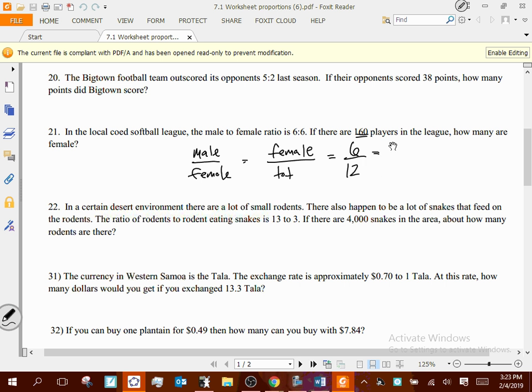So how many females are there out of 160 people? We cross multiply, we get 12x equals 6 times 160. Obviously, you can do some reducing there. 6 times 160 is 960. Divide that by 12, and we get x to be 80.